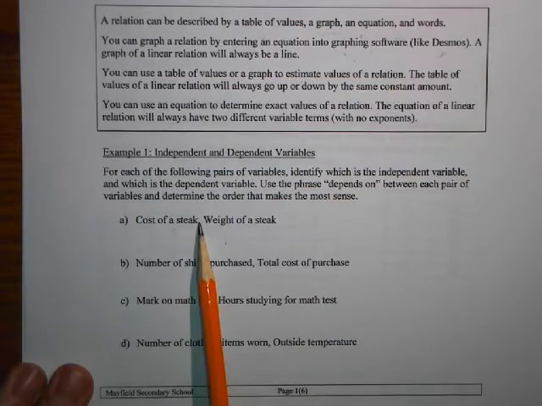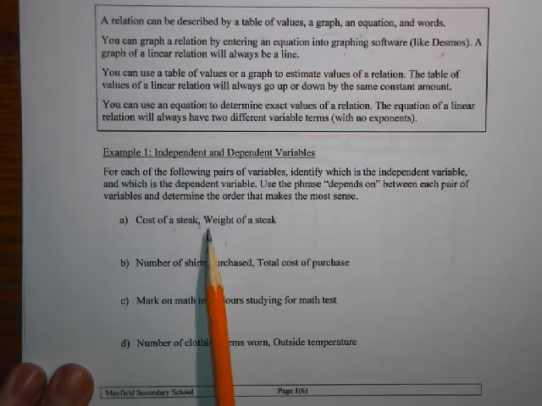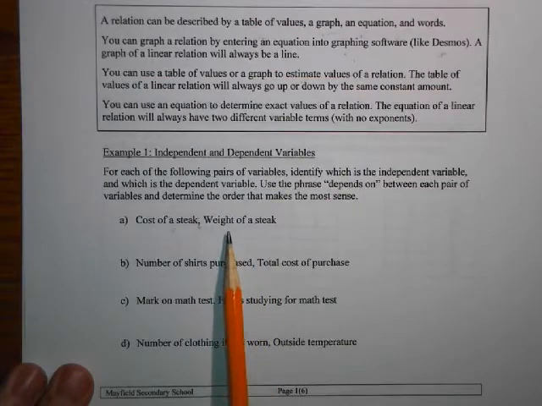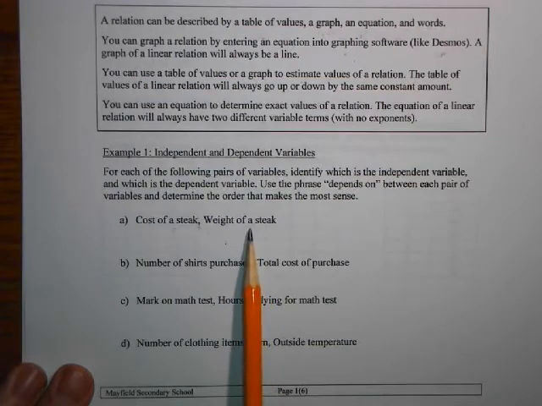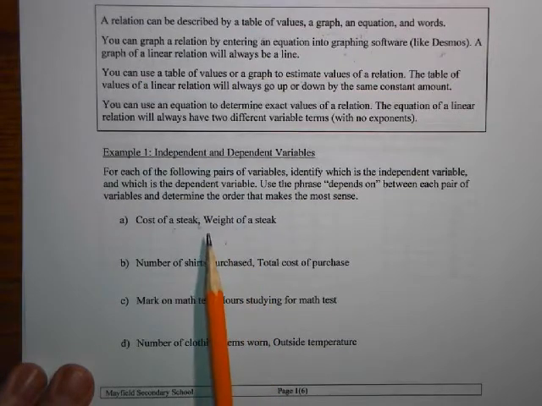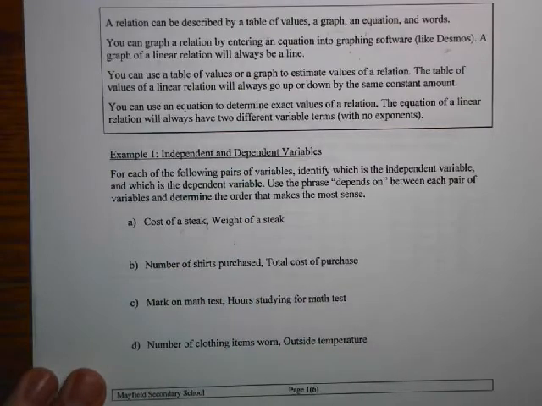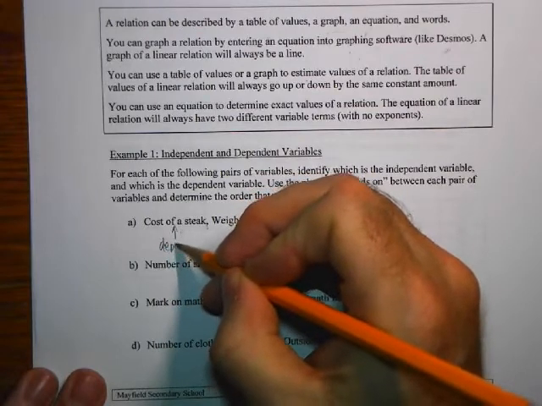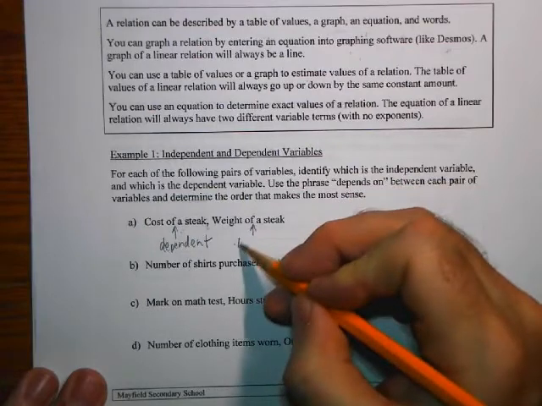The cost of a steak depends on the weight of the steak. That seems to make sense. Okay, if I change the order around, the weight of a steak depends on the cost of a steak. Well, that sort of makes sense, but the first order made much more sense. So we're going to say the cost of a steak depends on the weight of the steak. Okay, so that tells us, since the cost of a steak depends on the other one, that means it's dependent. So that's going to be our dependent variable, and by default, the weight of the steak is independent.